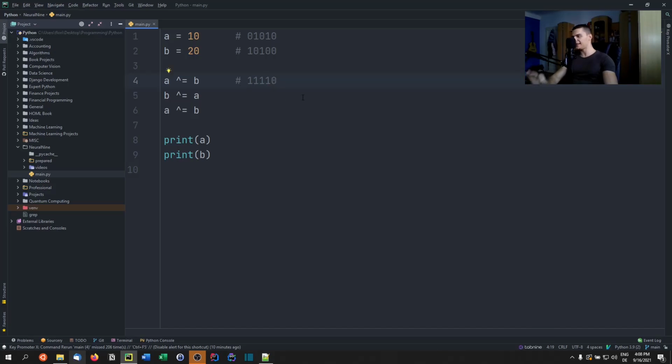If I now take that binary number and I XOR it with 20 again, what I get is A. Why do I get A? Because I'm taking the number 20 and I XOR it with this number, and this number has ones in all the positions where the numbers differed in the first place.